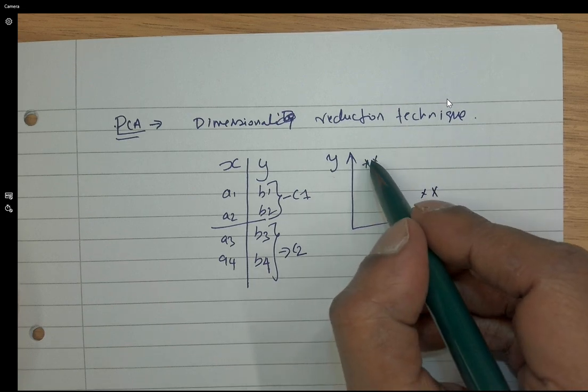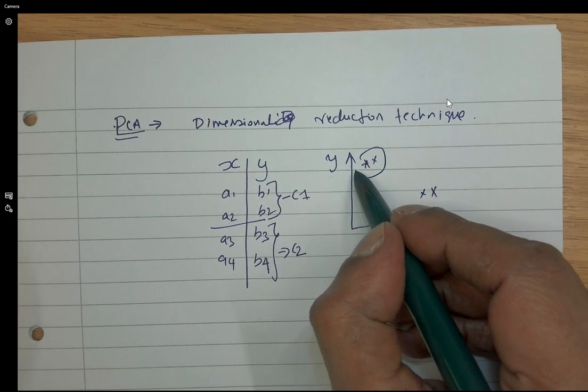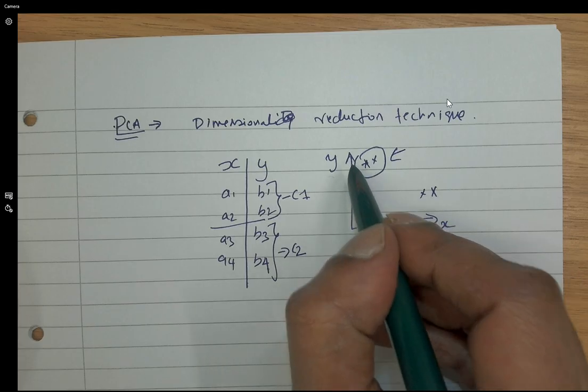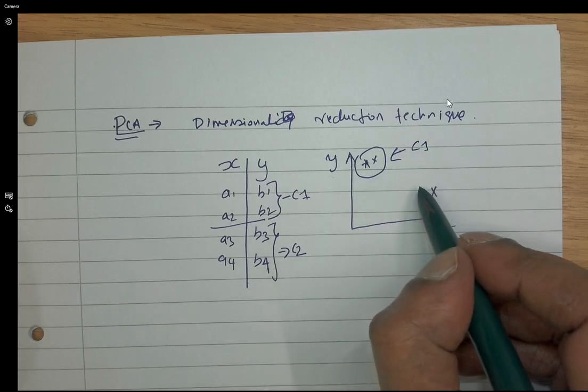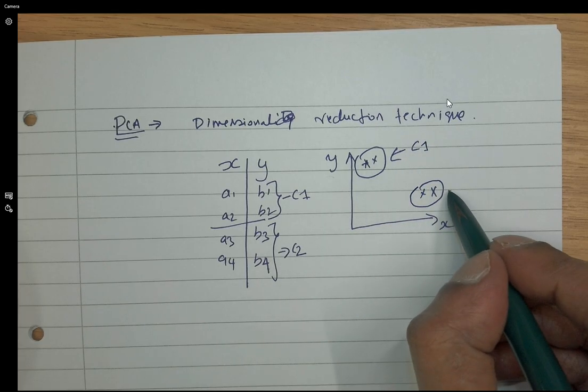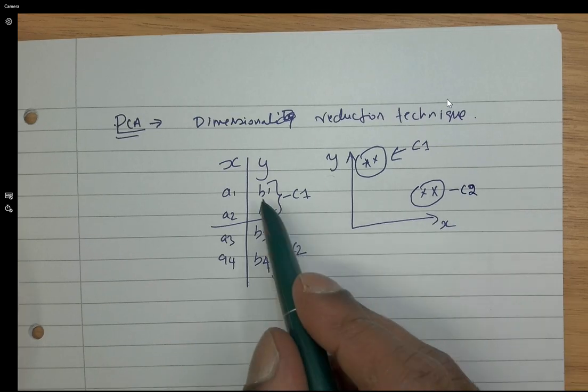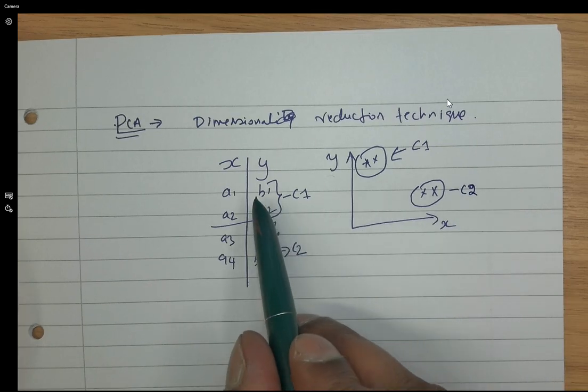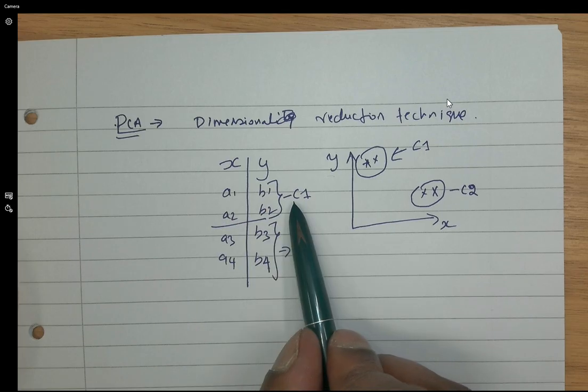Which means there is some clear separation. Something on one side belongs to category 1, and something on the other side belongs to category 2. Obviously this is really easy when you are dealing with two-dimensional data.